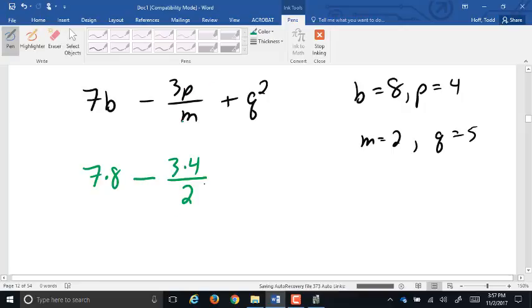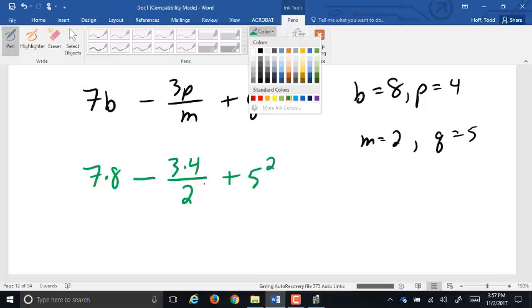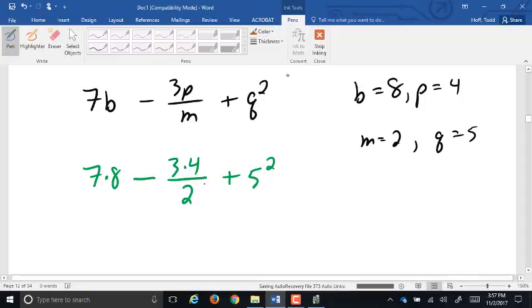P is replaced with the 4 and m is replaced with the 2. Plus q is 5, so it becomes 5 squared. Good. Now we're back to our order of operations. What do we need to do first? Exponent. 5 squared is 25.